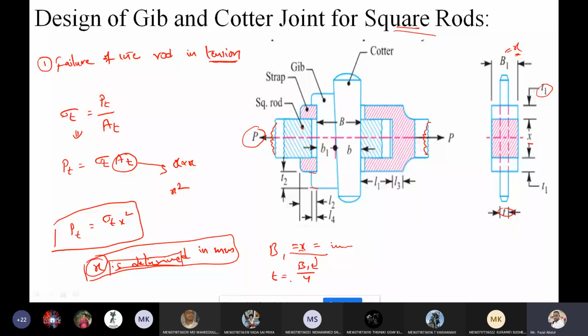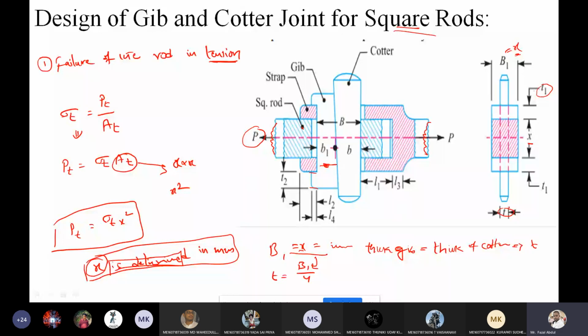Thickness of the gib. The thickness of the gib portion is equal to the thickness of the quarter, small t.